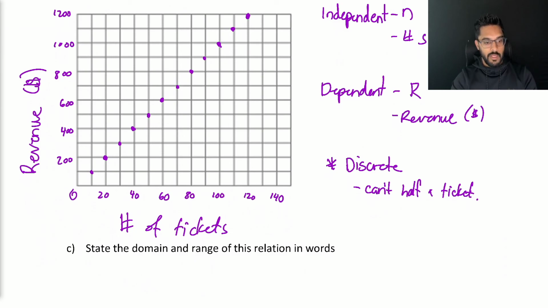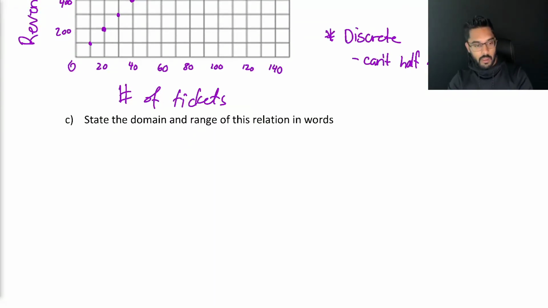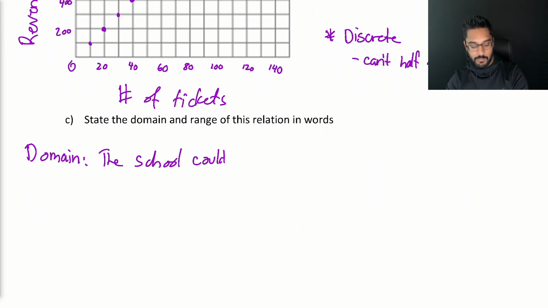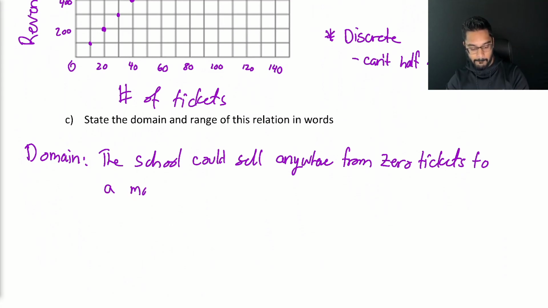Okay, so we'll state the domain and range in words here. So for domain, the school could sell anywhere from 0 tickets to a maximum of 120 tickets.